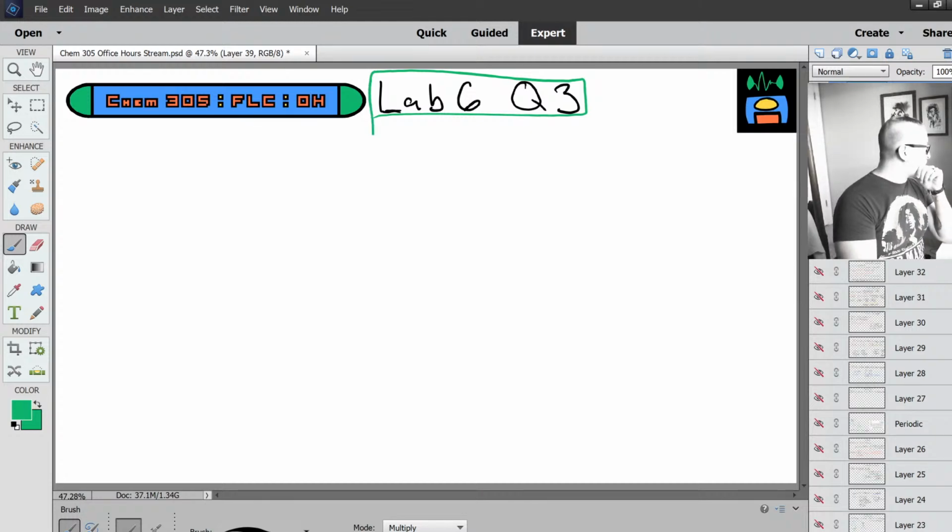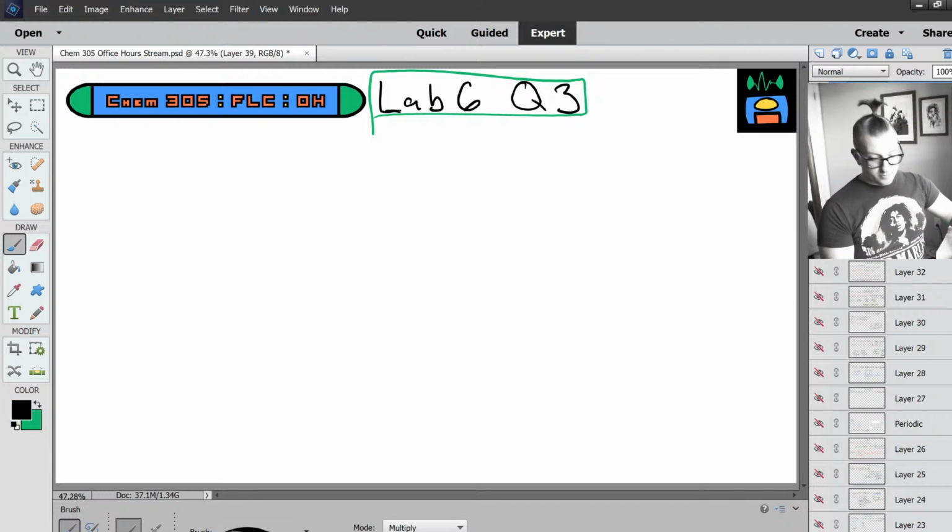So it says here, based on your limiting reagent, calculate the theoretical yield of silver in grams.